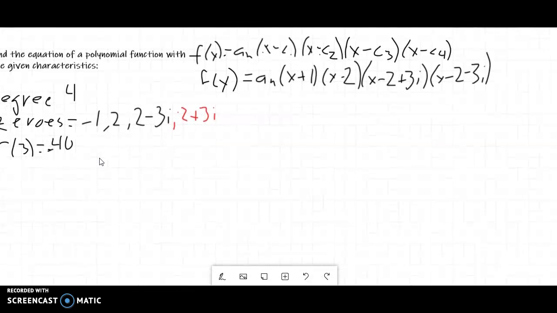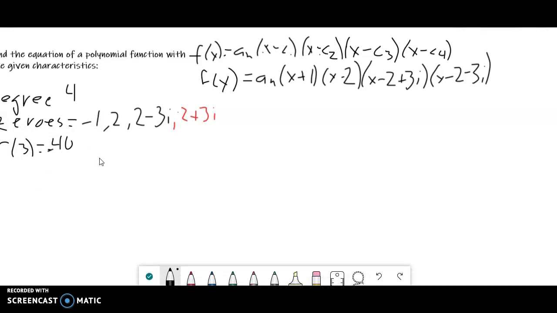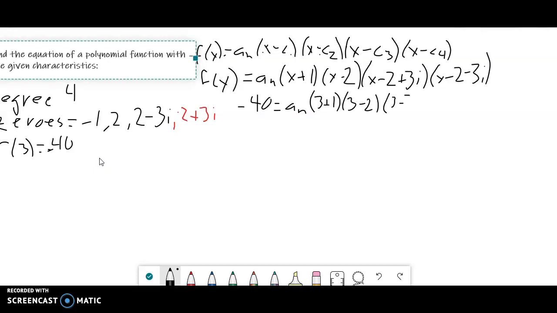And now is where we're going to use that last bit of information. Right here, the f of 3 is equal to negative 40. What I want to do is plug in that negative 40 for my f of x, while at the same time plugging in the 3 for my x. So I'll have 3 plus 1, 3 minus 2, 3 minus 2 plus 3i, and then 3 minus 2 minus 3i.